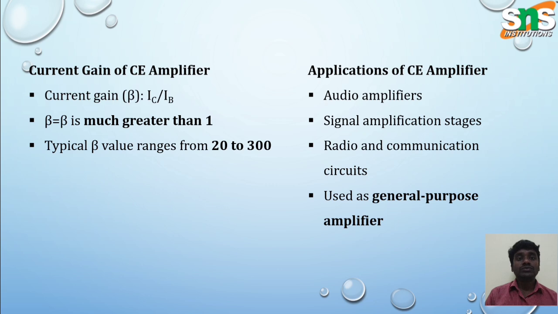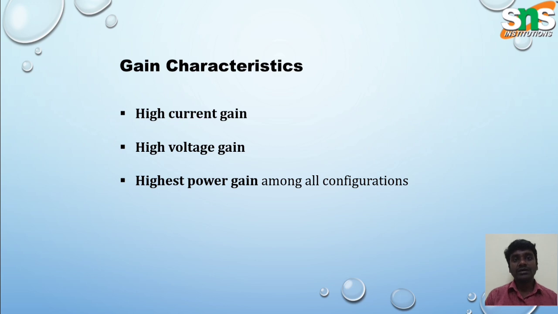The main characteristics of common emitter configuration are high current gain, high voltage gain, and high power gain also. Among the other configurations, common collector and common base, it is the best one.